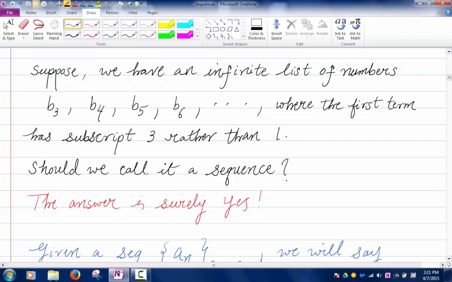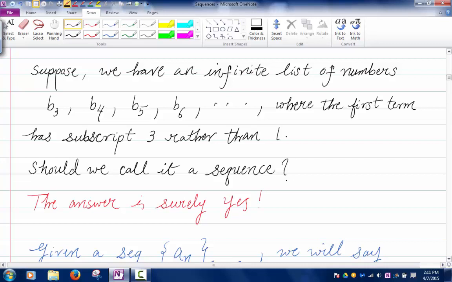So far, all our sequences started at 1, right? a1, a2, a3. Now I have an infinite list where the index starts at 3. Should I call that a sequence? And the answer is yes. I mean, what's the difference between starting at 1 or starting at 3? I should also call an infinite list like that a sequence as well.